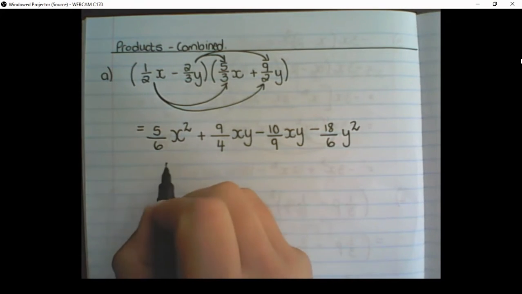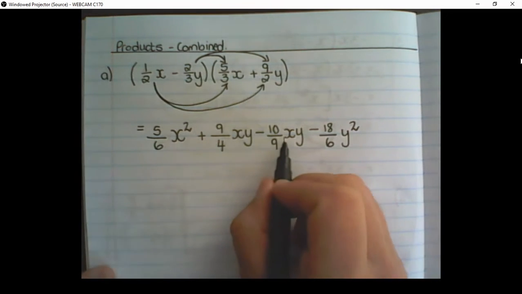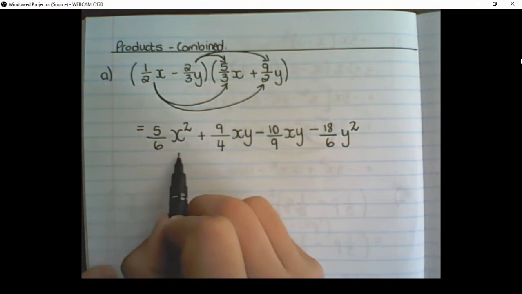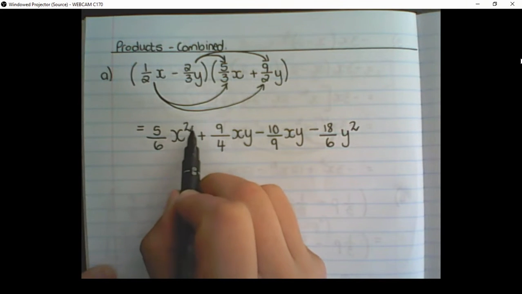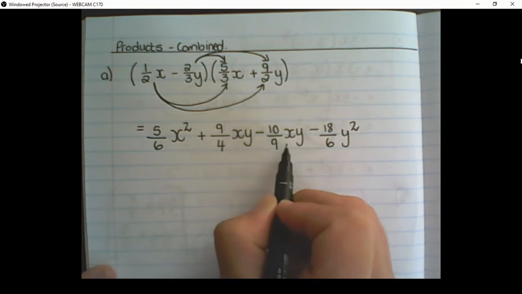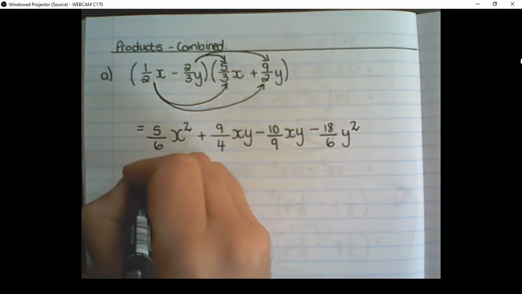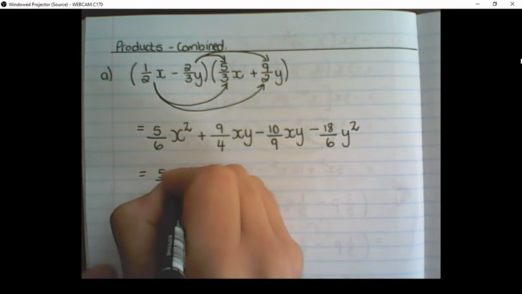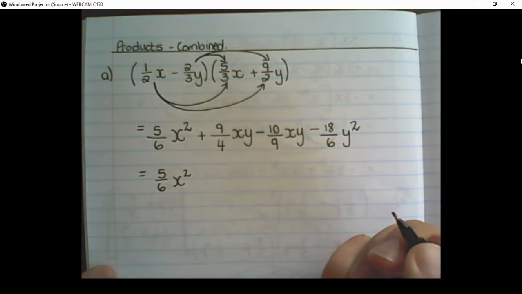To continue, we need to now identify like terms. Let's start with the first term, 5 over 6 x squared. There are no other x squareds in the expression, so it's alone. So we just need to rewrite 5 over 6 and x squared.